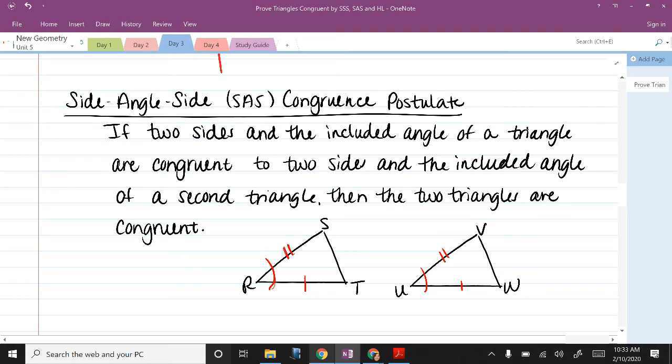Okay? So if the angle is not in between, that would be angle side side, which does not exist. Do y'all see that? Like if the angle was over here, it'd be angle side side. That does not exist. So the order matters. Does that make sense? Okay? So side, angle, side. There we go.